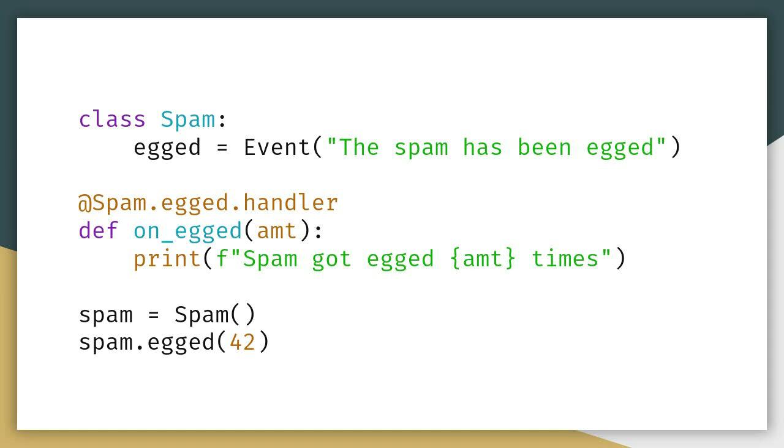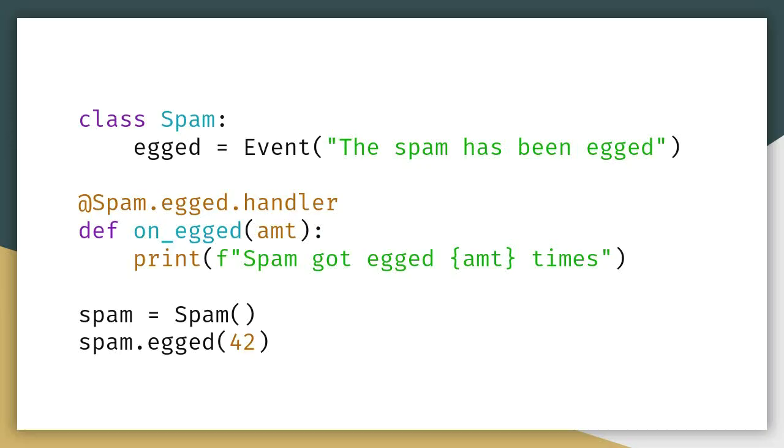And it is able to correctly dispatch to handlers both attached to the class and attached to a specific instance. As we see here, use a decorator for a registration purpose, and the bottom self.egged is a bound version of the event, but the decorator spam.egged is the unbound version.